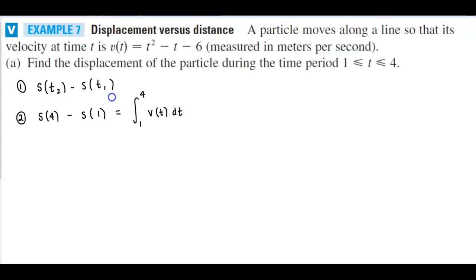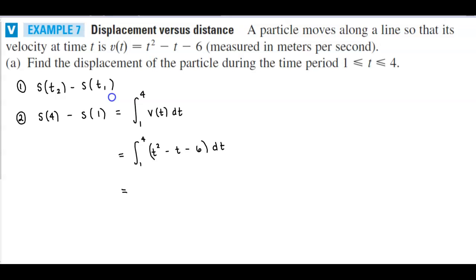Okay, now what is the function v of t? Well, we know that the function that's given is t squared minus t minus 6, and that's dt. And so now we want to find the antiderivatives of each term.